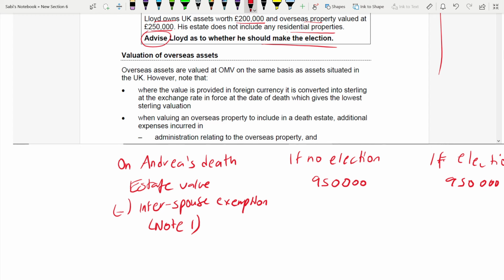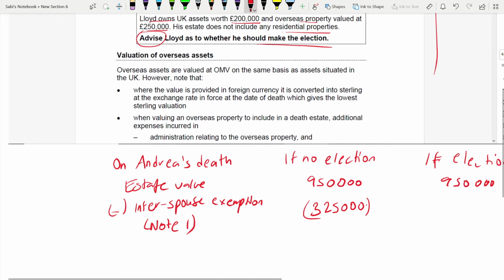If no election is made, that means Lloyd will be treated as non-UK domicile. So in that case, the inter-spouse exemption is limited to what? 325,000. This will be limited to the nil rate band. The inter-spouse exemption will be limited to 325,000. This is the same amount as the nil rate band, but it's not the nil rate band.